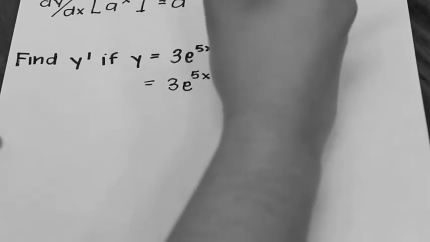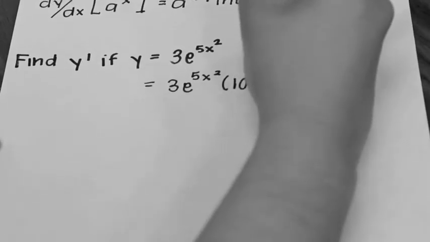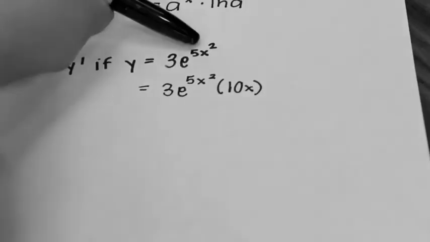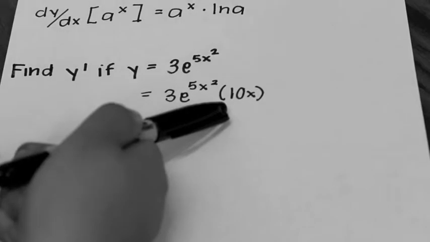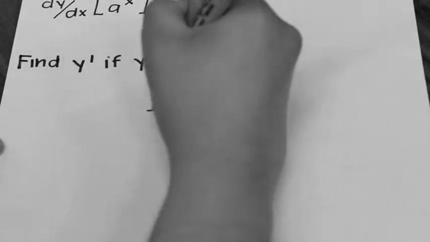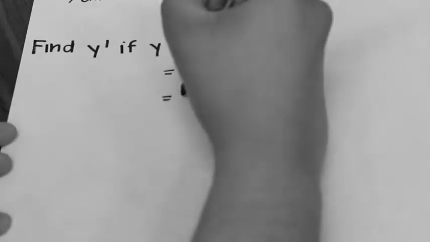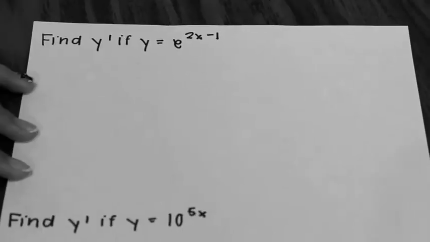So you'll get 3e to the 5x squared times 10x. You can simplify this into 30x e to the 5x squared.